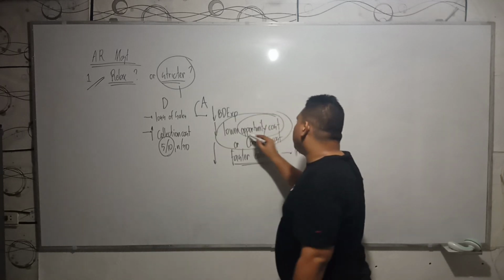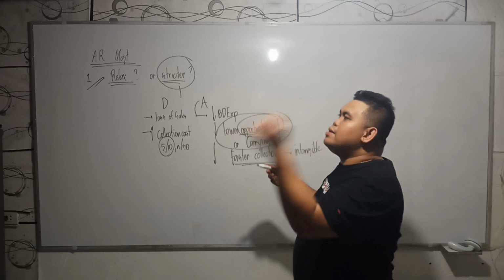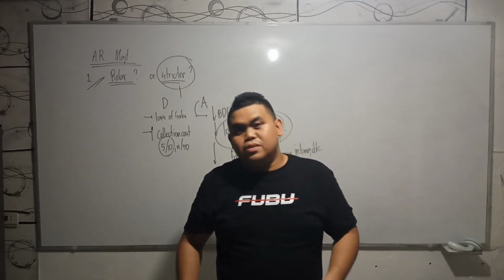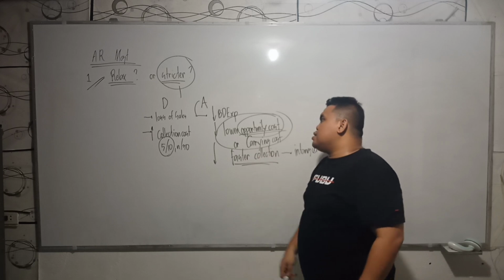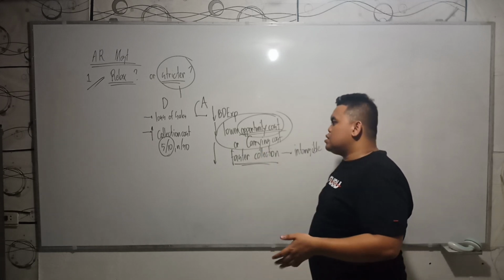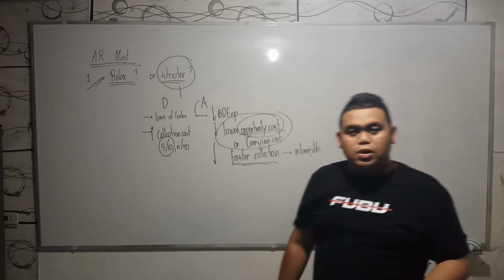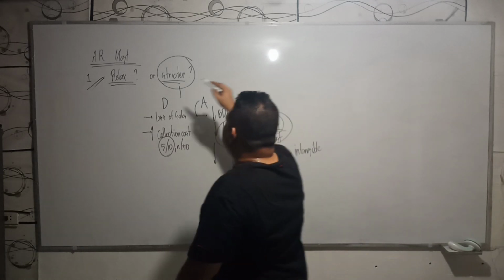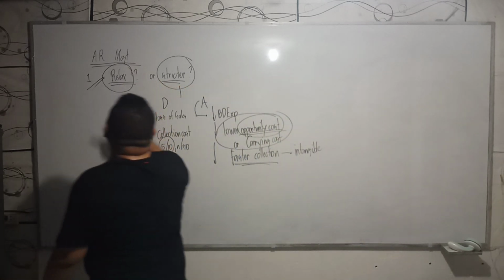That is why it is called opportunity cost. So lower accounts receivable means more for the investment. This is what we mean by lower opportunity cost or carrying cost. Okay? Later on, we will emphasize that on the relaxation of standards.